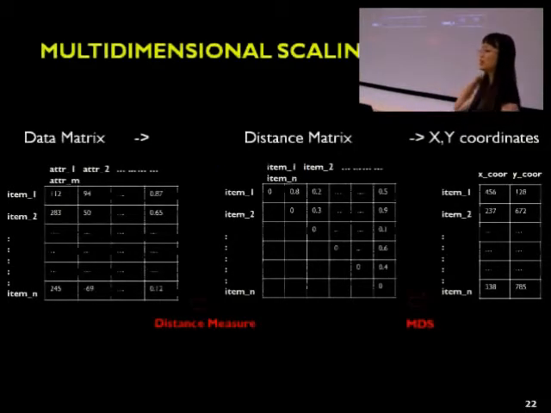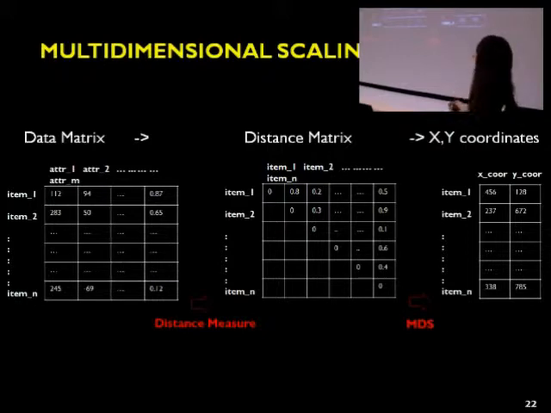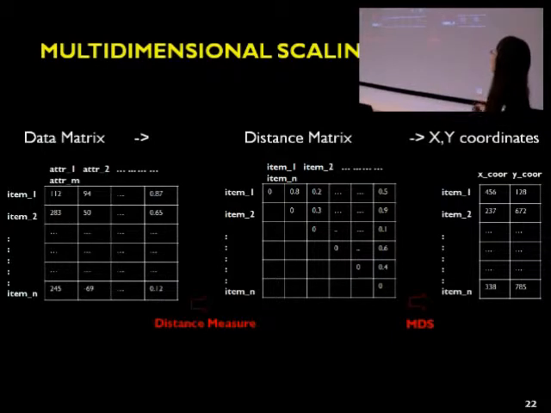So basically what multidimensional scaling does is, given a data matrix that has m attributes and n data objects or items, you first compute the distance matrix between pairwise items in your data, ending up with a triangle-like matrix like this. And given this distance matrix, we will run the algorithm to generate XY coordinates.